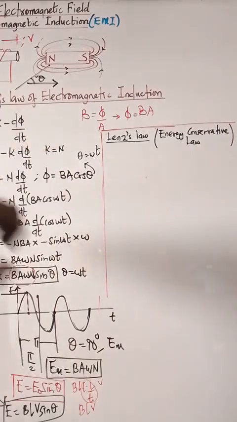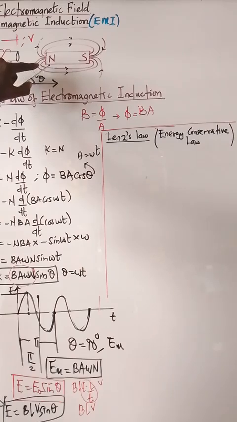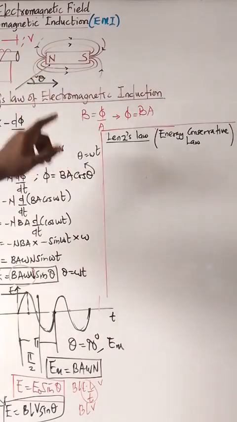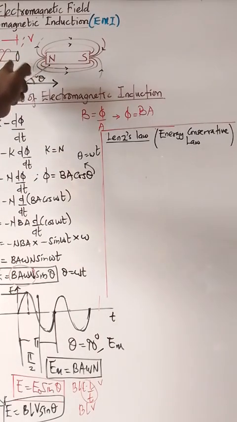But Lenz's law states that, you know, when this metal approaches this magnetic field, it is as though this end is like a north pole, and when north and north come, they try to repel. So this magnet pushes this metal backward, because this conductor itself, when current passes through it, will have a magnetic field around it.